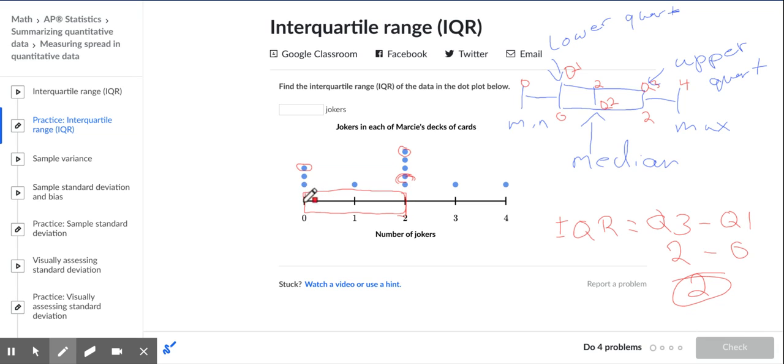And then we don't have a whisker off to this side because the minimum and lower quartile are the same. And then I would have a whisker going from 2 to 4, like this. So that's what it means by box and whisker plot. This is the box and these are the whiskers. Anyway, it's an unusual box and whisker plot. I like it. The answer is 2.